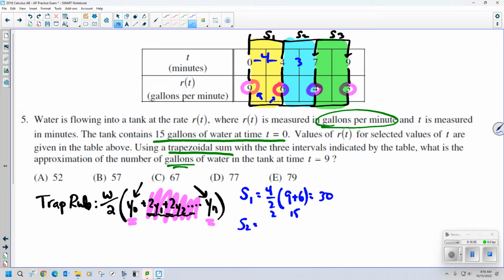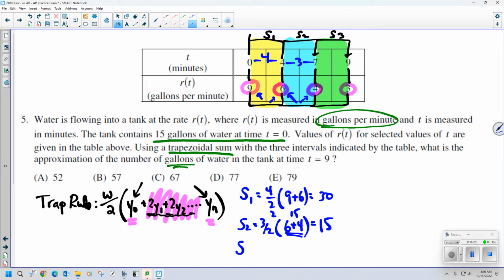My width is 3 from 4 to 7, so it's 3 over 2 times 6 plus 4. I multiplied these, I need to add them. That's 10. 1.5 times 10 is 15.